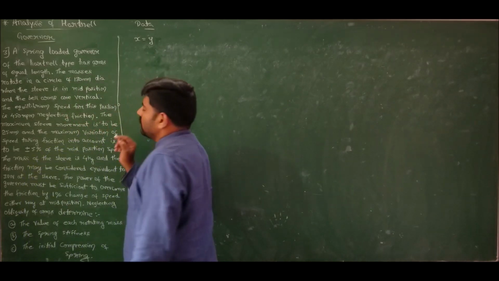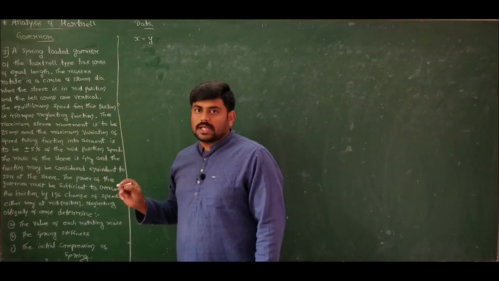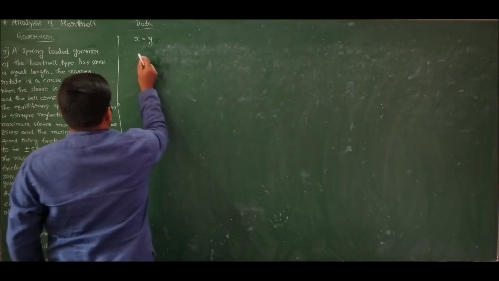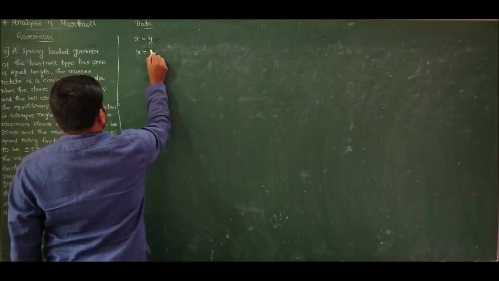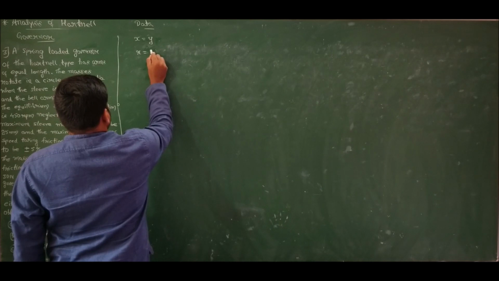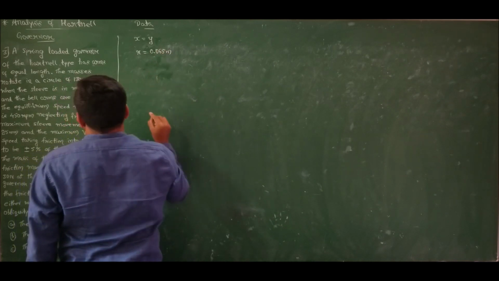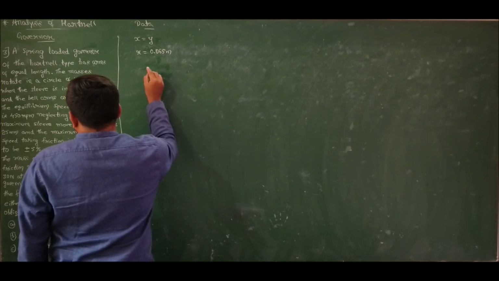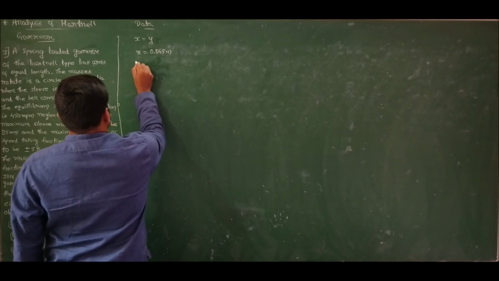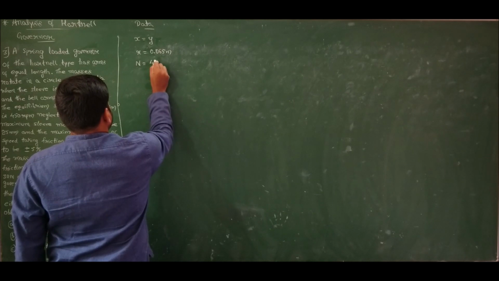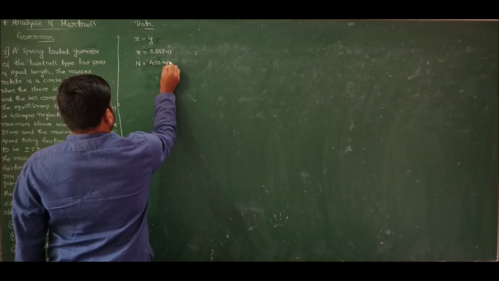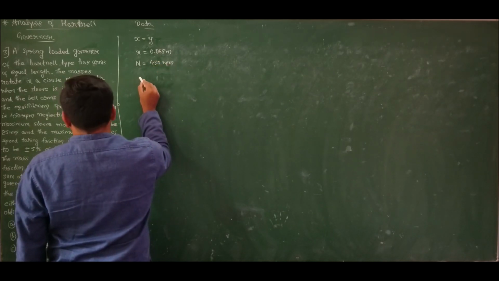So if the diameter is 130 mm at the mid position, the radius will be 130 by 2. Therefore, at mid position the radius is 65 millimeters, which is 0.065 meters. The equilibrium speed at this position N is 450 rpm, neglecting friction.